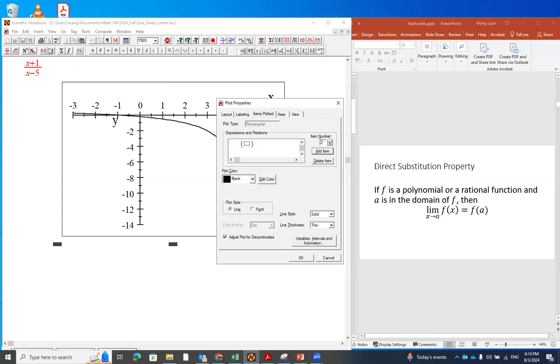And with that consideration, as you can see, the limit depends on where we approach it. Approaching from left or right of 5 makes a difference. So 5. I'm just drawing these vertical asymptotes.